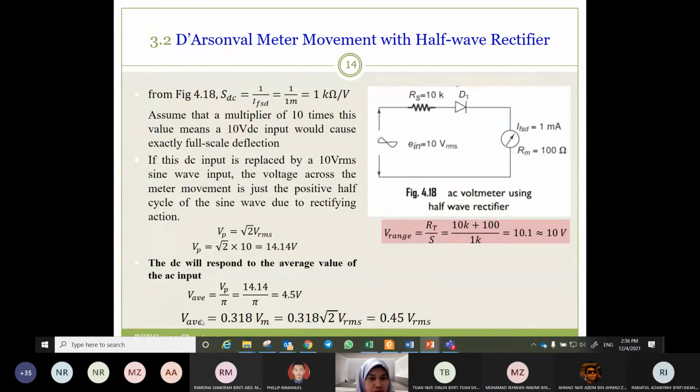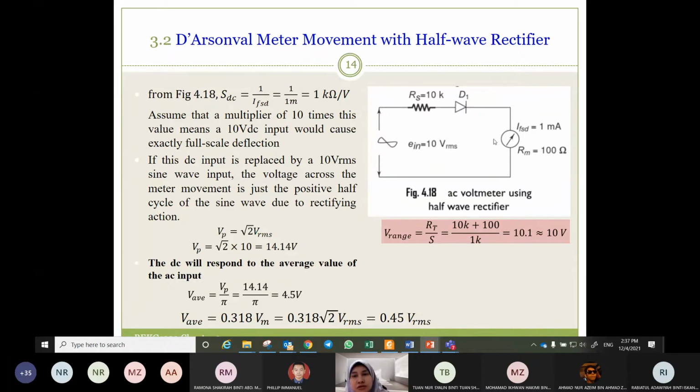If we convert this average to RMS value, this is the general formula: V average is equal to 0.318 Vm. Vm is equal to square root of 2 times Vrms. So V average is equal to 0.45 Vrms.